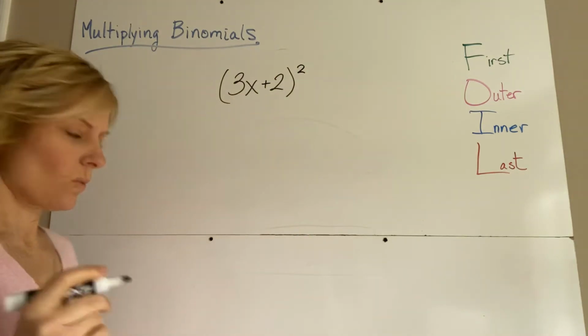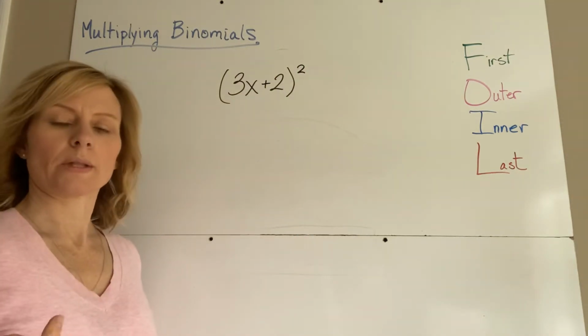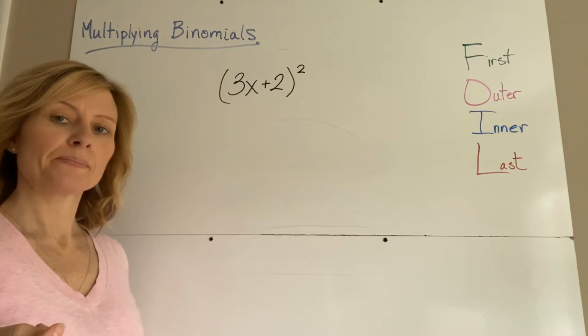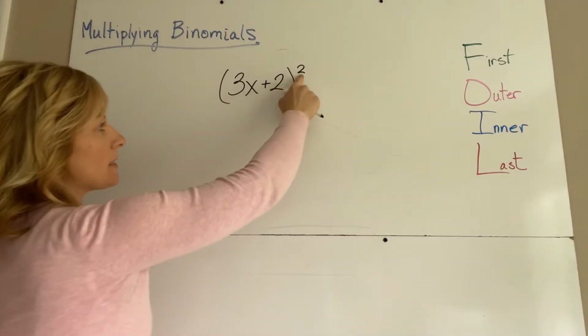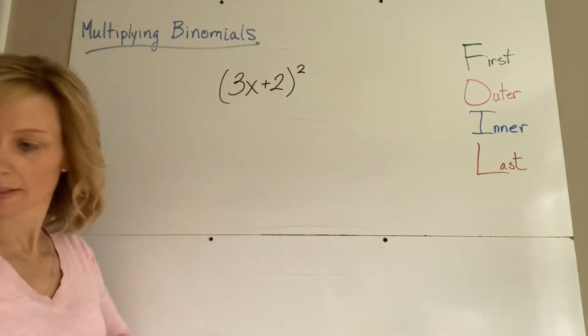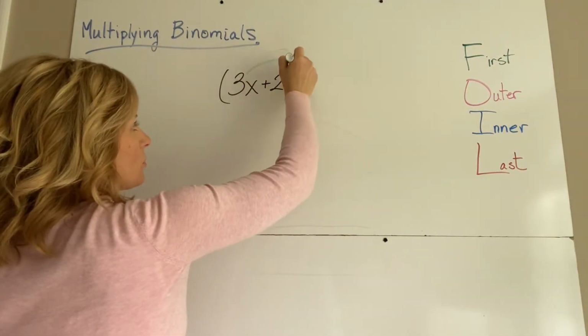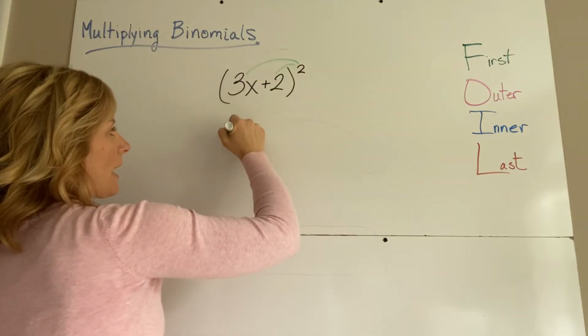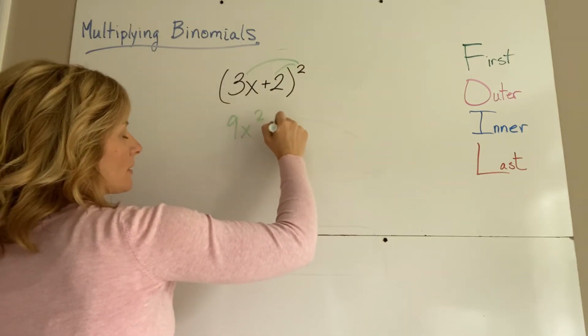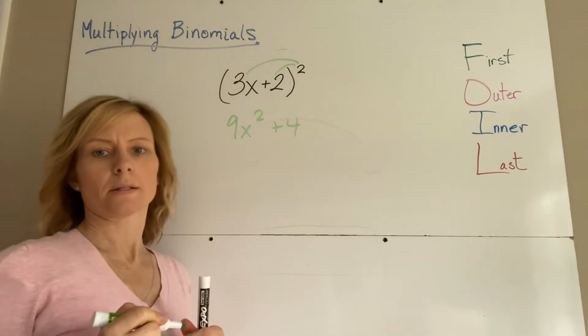All right. What do we do with that? Okay, this is not distributing this 2. This is not 9x squared plus 4. Why not?